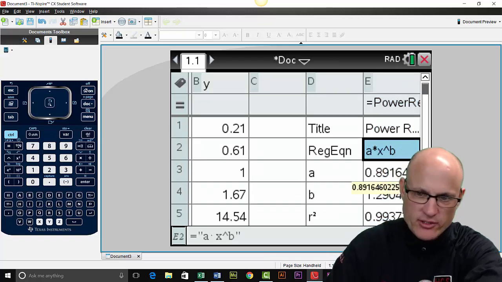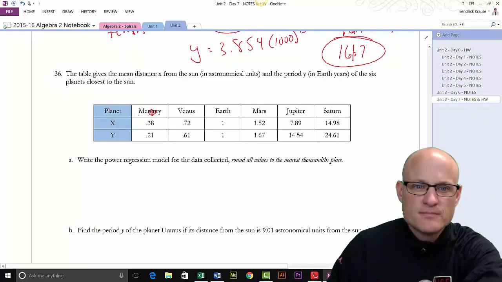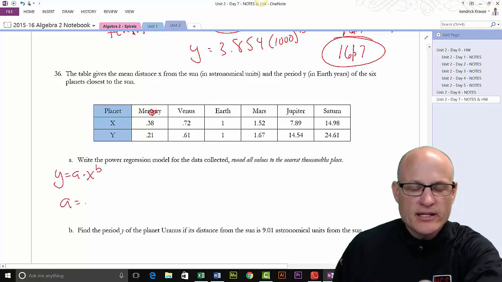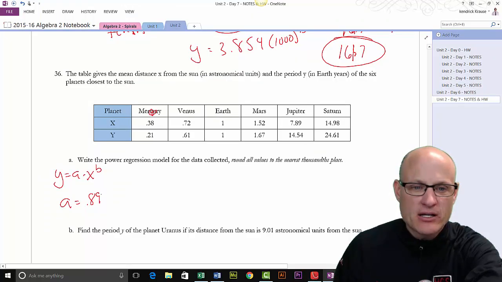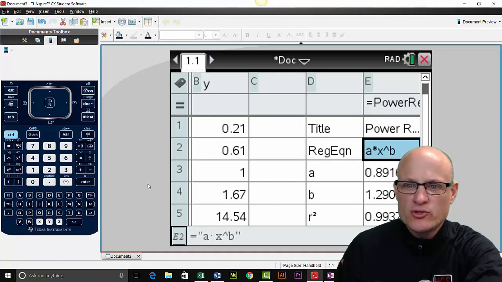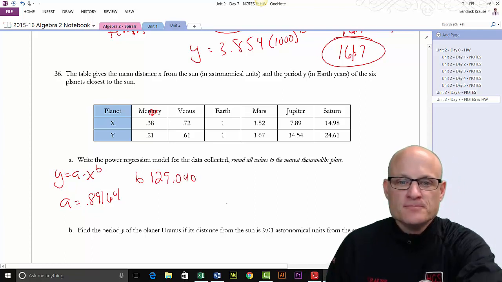There's my equation: Y equals A times X to the B. I just got to figure out what A is. A is 0.89164. And B is 1.29040. So my equation is going to be, and I'm going to use f of x.